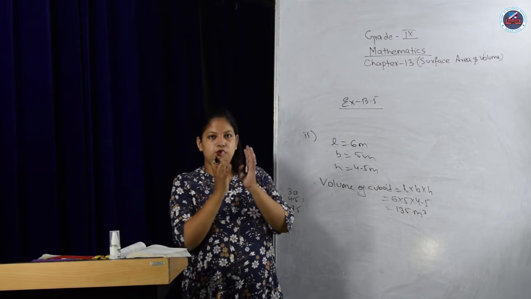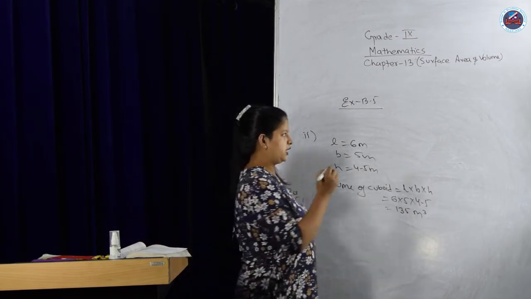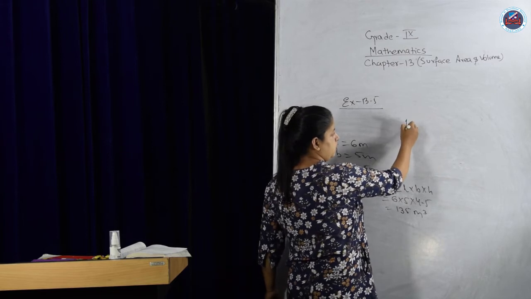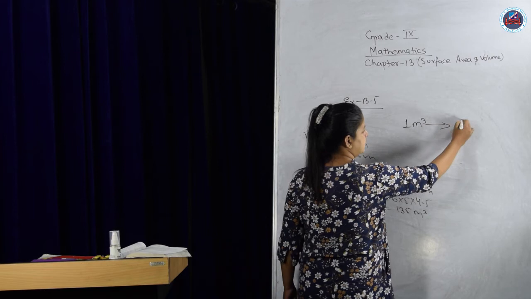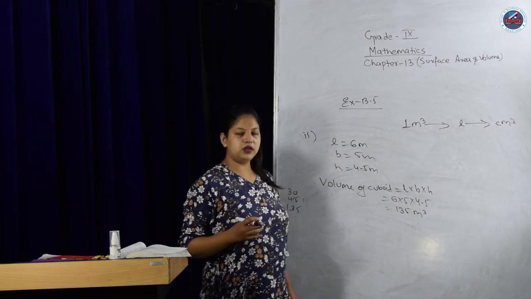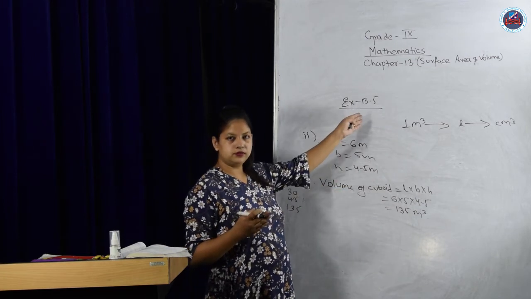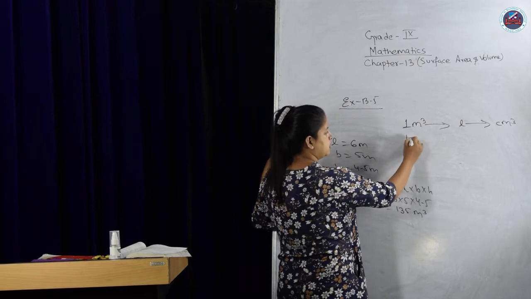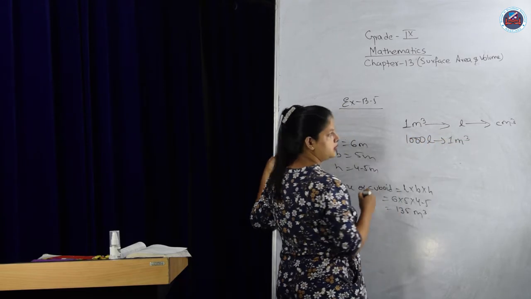Remember, meter cube is the biggest, then comes liter, and then comes centimeter cube. If there is 1000 liter, it gives you 1 meter cube.